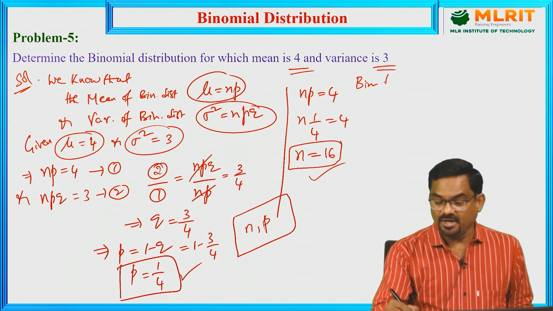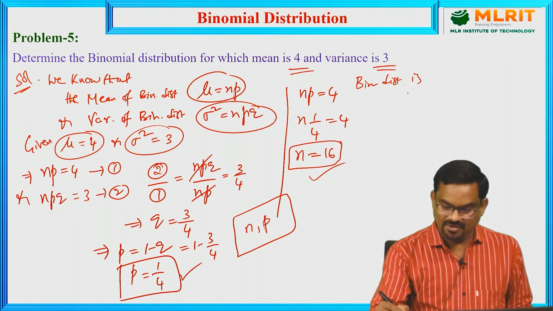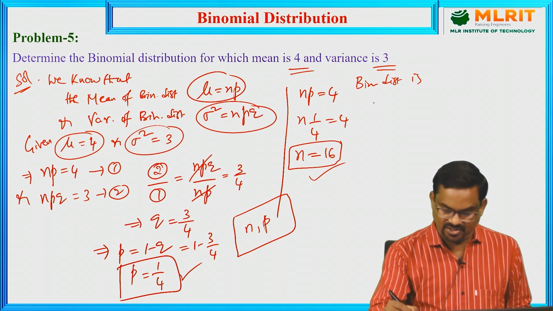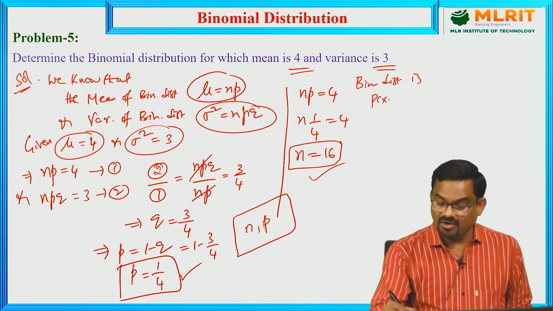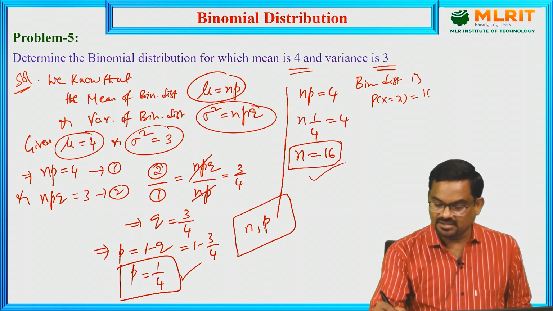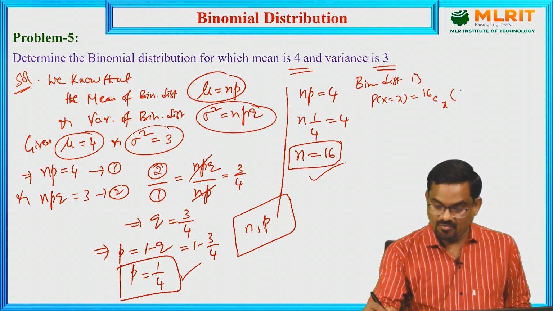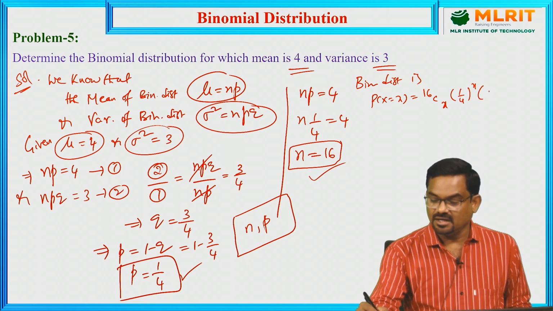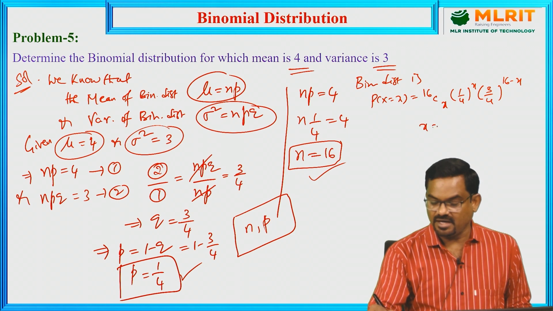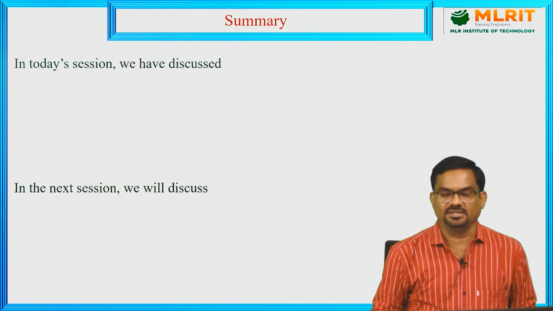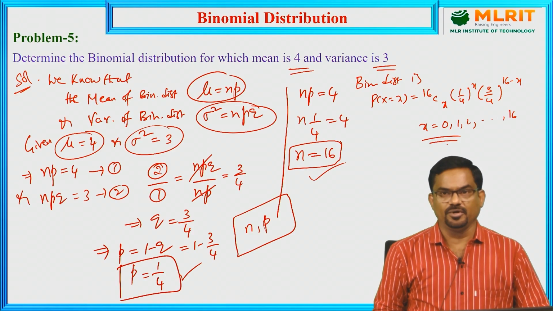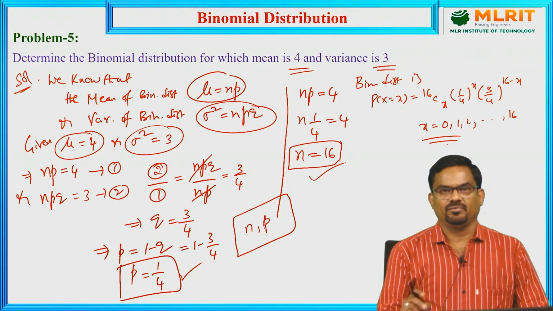With n equal to 16, probability of x equal to small x is 16Cx, 1 by 4 power x and 3 by 4 power 16 minus x, where x is 0, 1, 2 up to 16. This is the binomial distribution with mean 4 and variance 3.